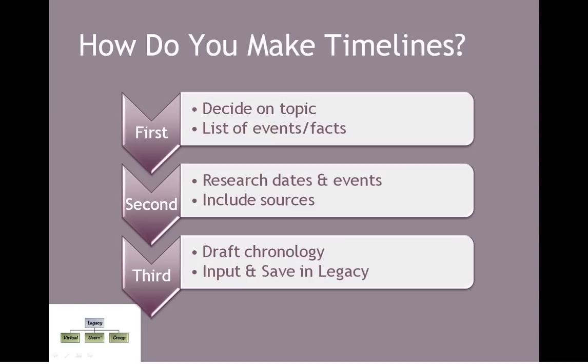Perhaps they were active in a faith group. Perhaps they were active in the labor movement in this country, and you'd want to include the labor history. Perhaps they were active in a school or a university or served in the military. Any of those types of activities would be something that you might want to make a timeline for. I'm sure there are many other examples of timelines, so why don't you give it some thought?